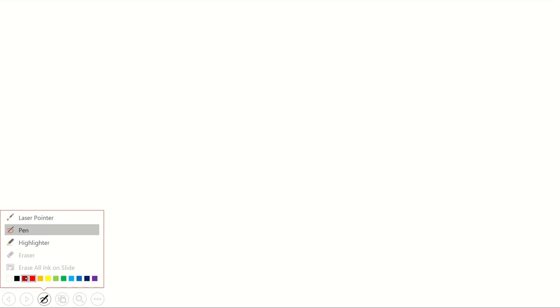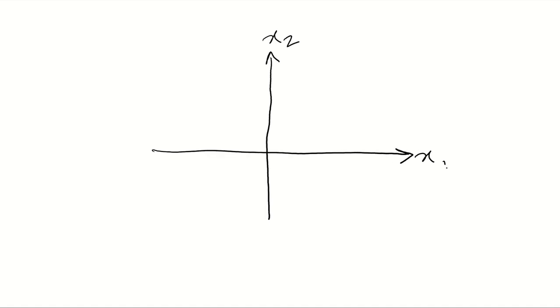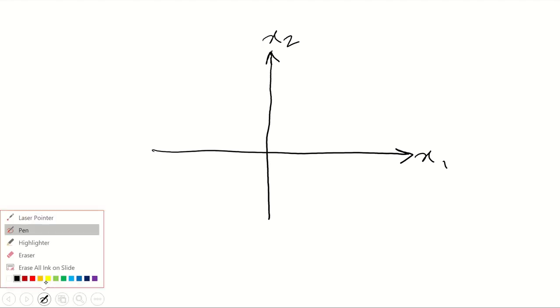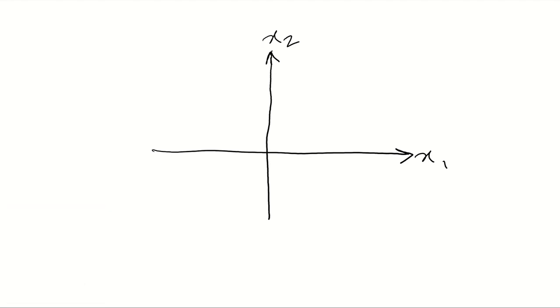Suppose you have a two-dimensional system, x1 and x2. At any instant, your internal variables form a vector, X equals x1, x2.